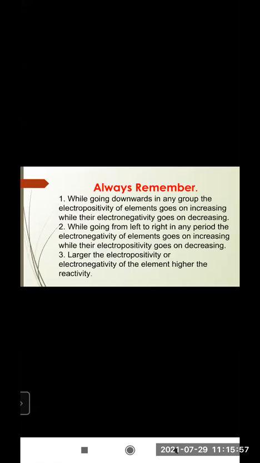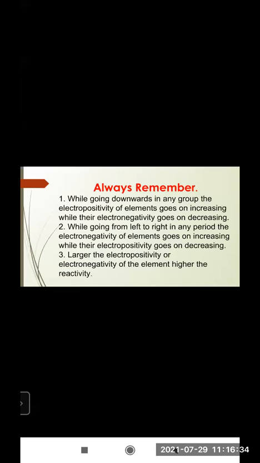Now, while going from left to right in any period, the electronegativity of the element goes on increasing, while their electropositivity goes on decreasing. It is just opposite in groups and periods. In a group, the electropositivity increases and electronegativity decreases. And in periods, the electronegativity goes on increasing while electropositivity goes on decreasing.